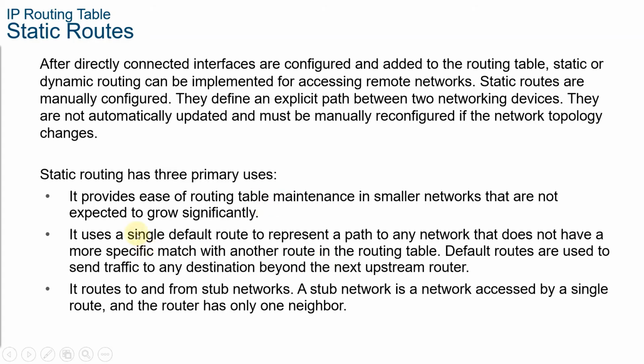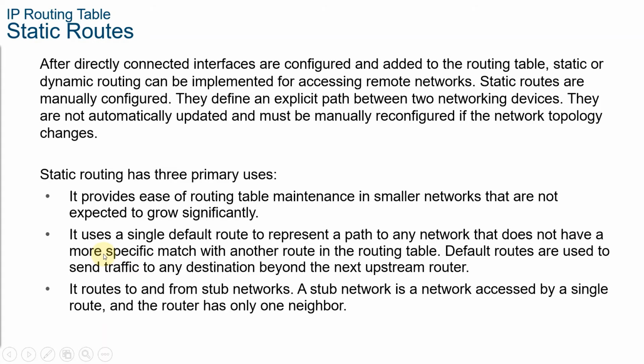First, it provides ease of routing table maintenance in smaller networks that are not expected to grow significantly. Second, it uses a single default route to represent a path to any network that does not have a more specific match with another route in the routing table.